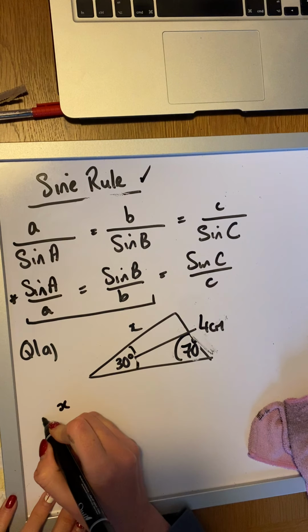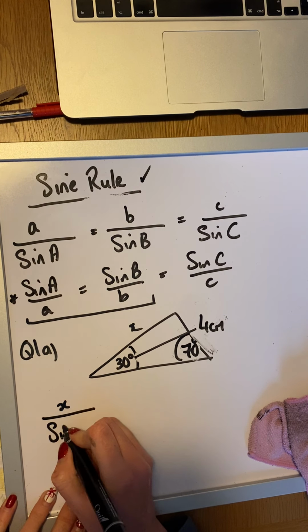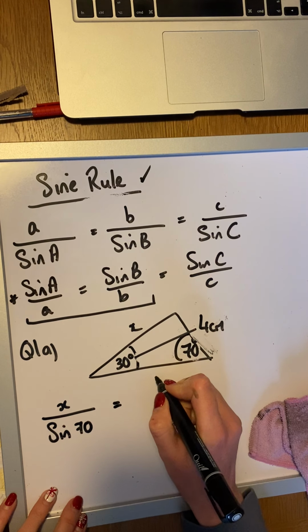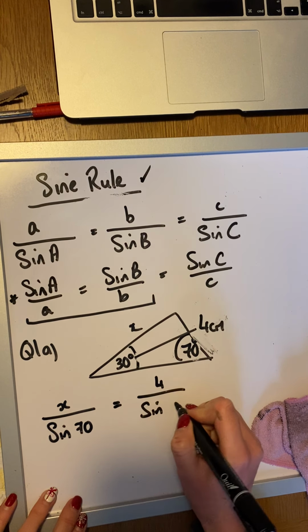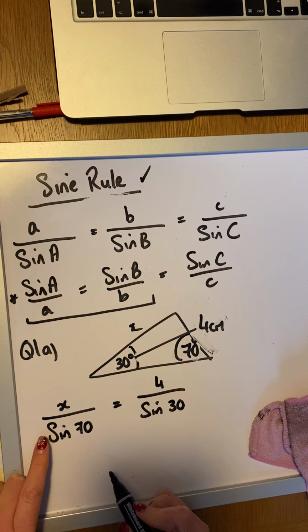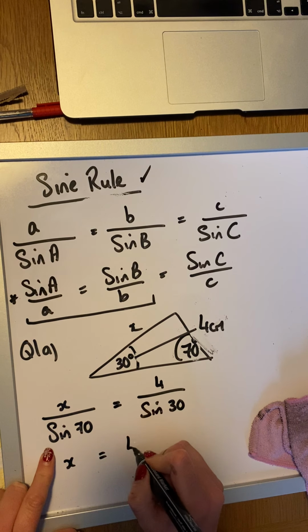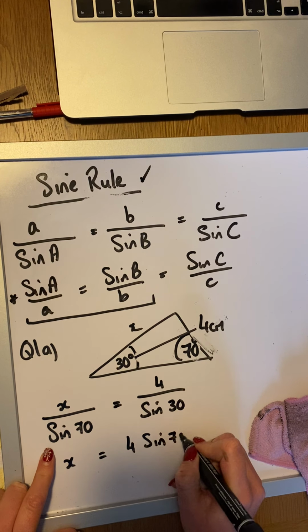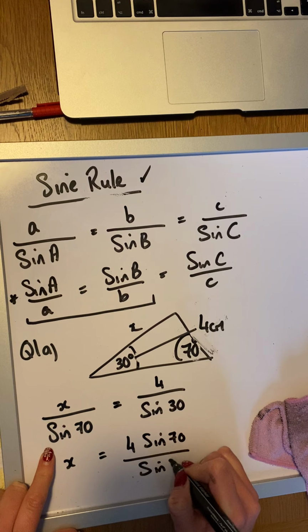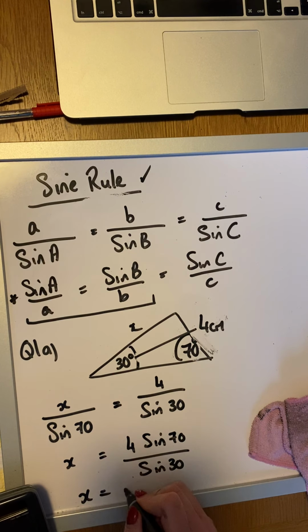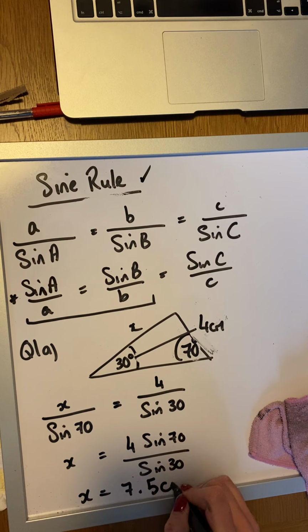So X over the sine of 70, remember it's opposite, over the opposite angle, is equal to 4 over the sine of 30. Again, we're looking to isolate the X. All we do is multiply across by the sine of 70. So X is 4 times the sine of 70 over the sine of 30, which gives us X equals 7.5 centimeters.